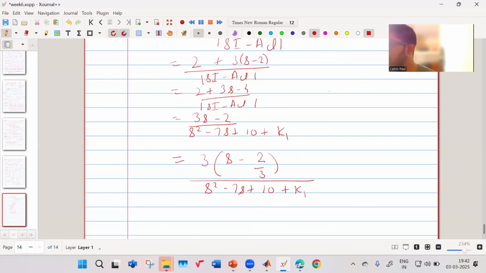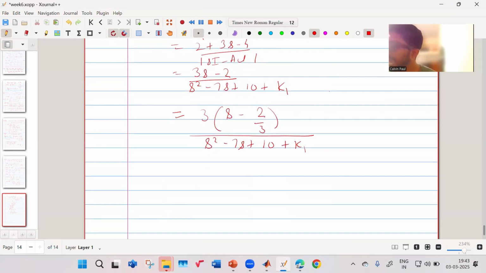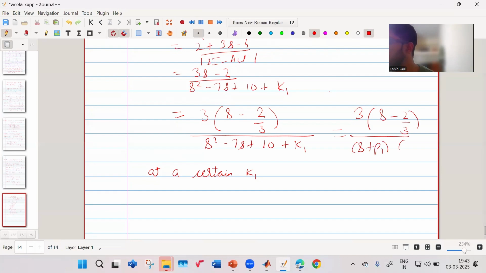Now what I want to put across is, at a certain k1, assume this is 3 into (s minus 2) by 3 into (s plus p1) into (s plus p2). Assume at a certain k1, what happens? Either p1 or p2 is equal to minus 2 by 3.